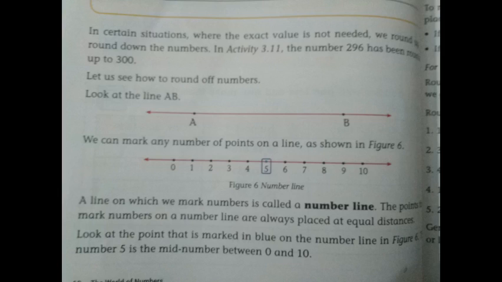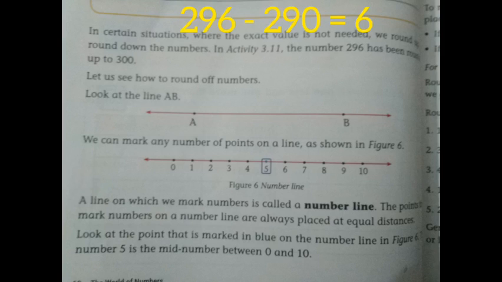In certain situations where the exact value is not needed, we have to round off the value, either round up or round down the numbers. In activity 3.11, the number 296 has been rounded up to 300. Why are we rounding up? Because 296 is nearest to 300 rather than 290.